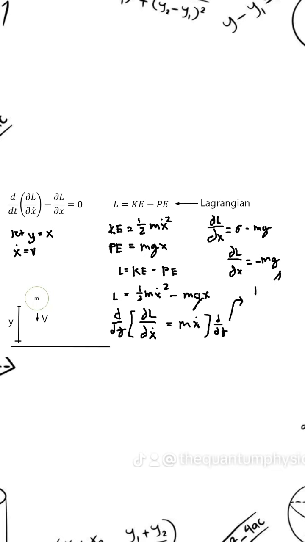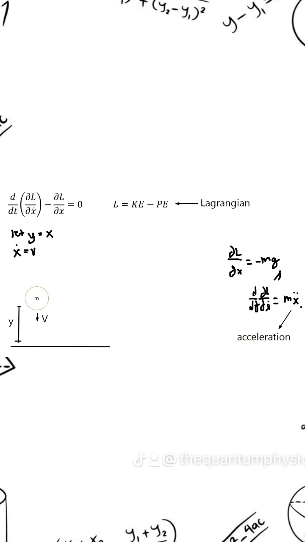So here, this is going to look like a derivative with respect to time of the partial derivative of L with respect to x dot. It's going to be m times x double dot. So x double dot, that's going to be the acceleration, because the second derivative of position is going to be acceleration. So now we do have what we need.